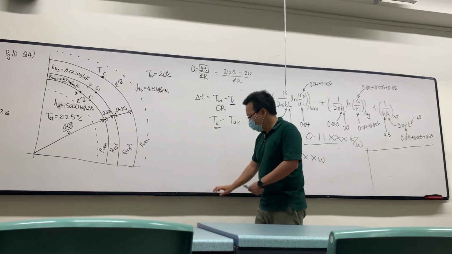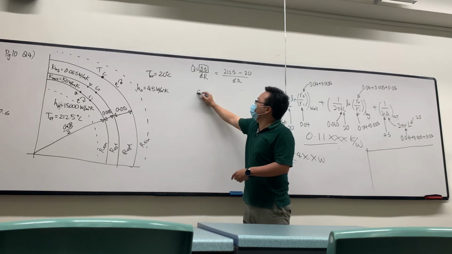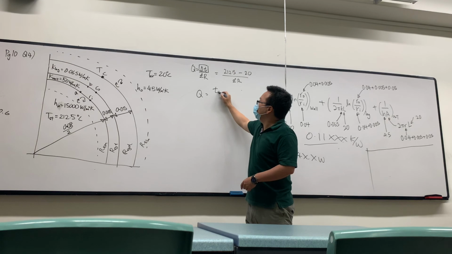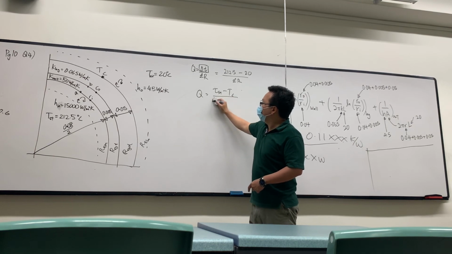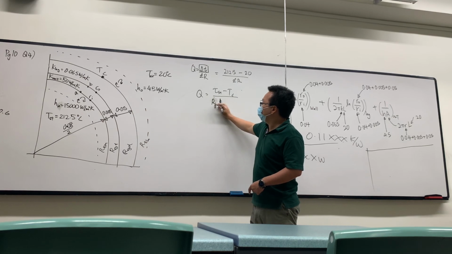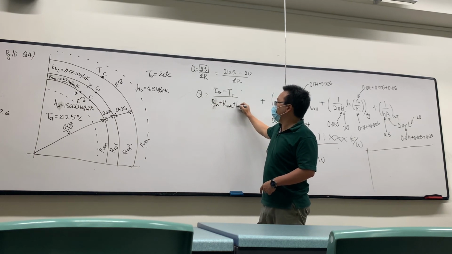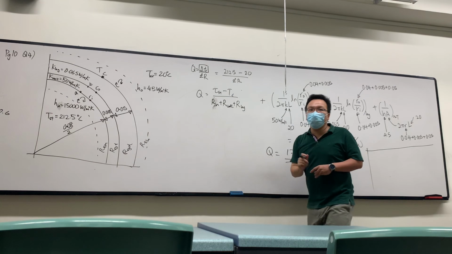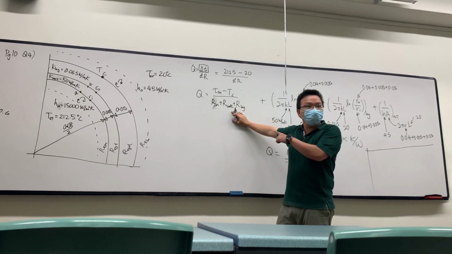So look here. If I use Q equals T steam minus TC, I must have 3 R's: R steam, R inside, sorry, plus R wall, plus R lagging. Are we clear? Any question here? All must be clear.